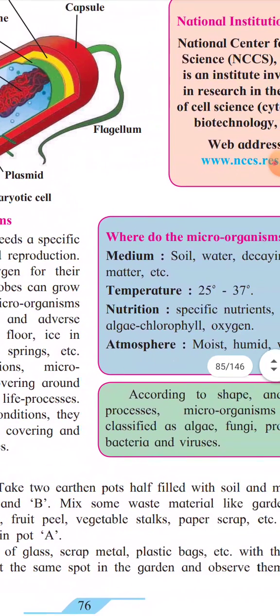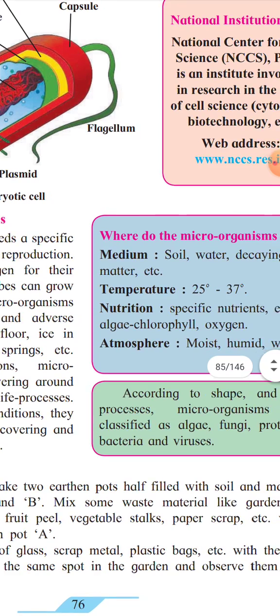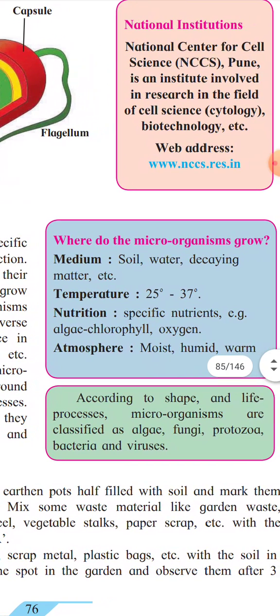Now, where do microorganisms grow? Medium: soil, water, decaying matter. Temperature: 25 degrees Celsius to 37 degrees Celsius. Nutrition: specific nutrients, for example algae, chlorophyll, oxygen.